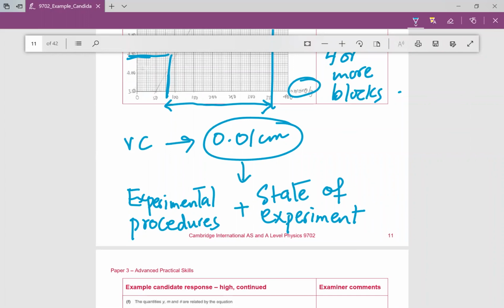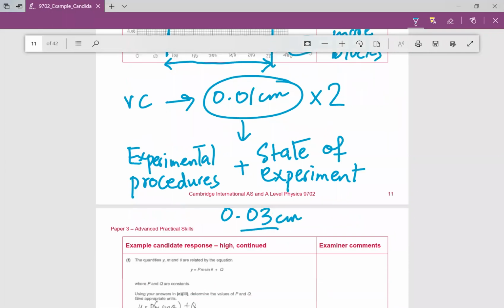Now a safe way to consider random error is to simply double this and add it. So if a vernier caliper has an uncertainty of 0.01 centimeter, and I am asked to give a value, simply I'm going to use a value of 0.03 centimeter.